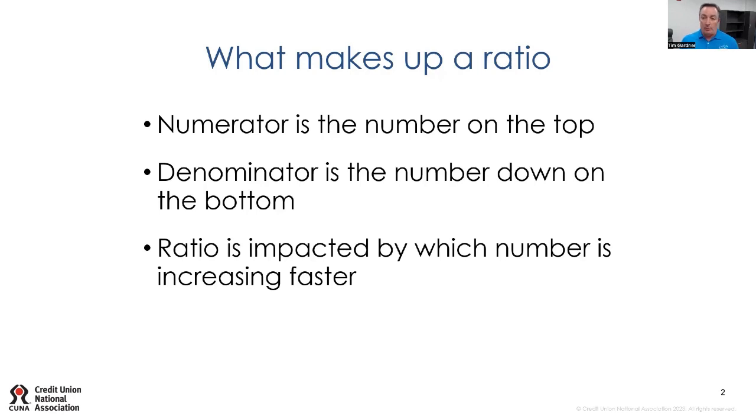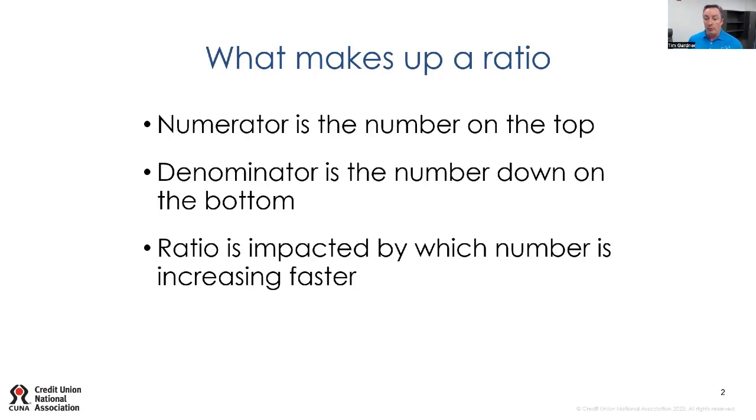So, for example, return on assets is defined as net income, that's the numerator, over average assets, which is the denominator. And even if you don't know what goes into all the numbers, the description of the numerator will give you an indication as to which way you want that ratio to go.